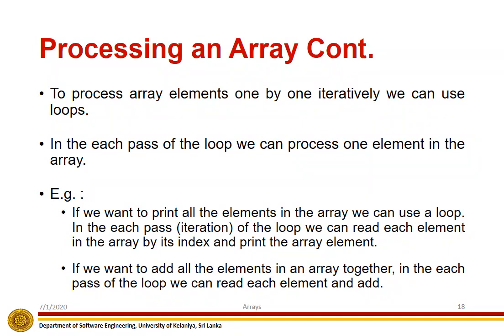In each pass, meaning each iteration of the loop, we can read each element in the array by its index and print it. I discussed that in the last example, how to print the array using a for loop. And if we want to add all the elements in an array together, in each pass of the loop we can read each element and add. So we will see some examples to understand this.